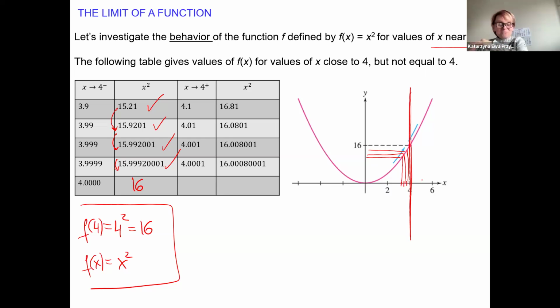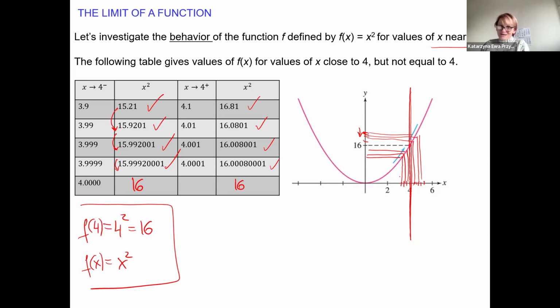And then we can repeat the same process on the right-hand side. I can take 4.1, 4.01, 4.001, even closer, and then the corresponding values will be 16.81, 16.08, 16.008, and then we may definitely see that these values are also approaching 16.